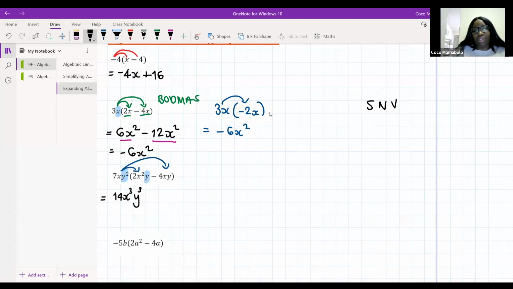Good. You need to catch yourself before you get there. All right. And then I'm going to get negative 4. This is why I'm saying be very careful with that sign in the front. I've got a positive 7 and then negative 4, so be very careful with that. That gives me negative 28. The other part, I don't have any issues with.